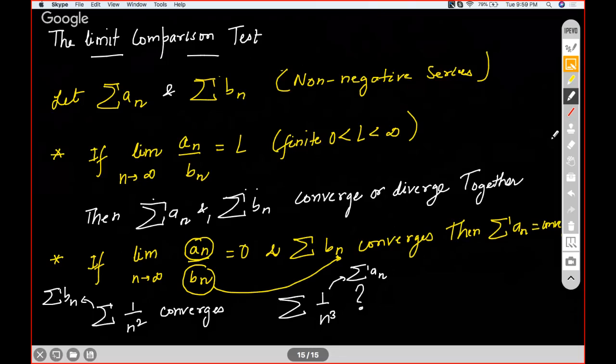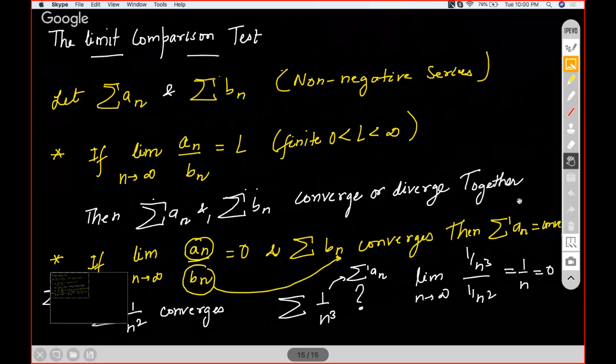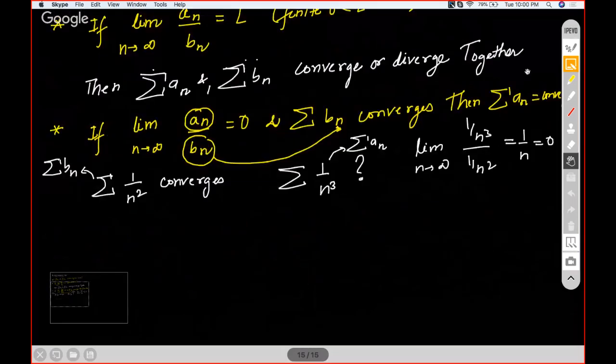What you will do is quickly check this ratio, limit n tending to infinity, an by bn. That will give you 1 by n. As n tends to infinity, this will be 0. So you know your denominator is convergent. That means the series from which bn comes is convergent, so this will also be convergent. And we also know from the p-series that if p is greater than or equal to 1, it has to be convergent. So it is more or less reinforcing that concept.